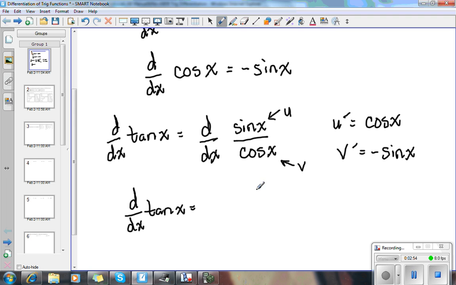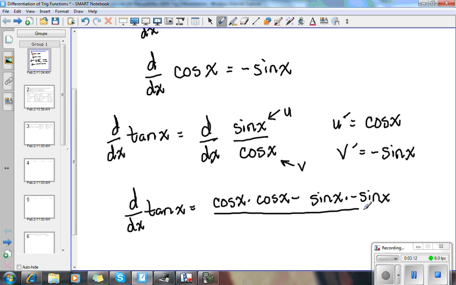So then using the quotient rule, the derivative of tangent is u prime v, so cosine x times cosine x, minus u v prime, so sine x times negative sine x, all over v squared, so cosine squared x.